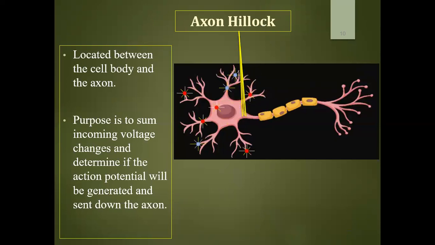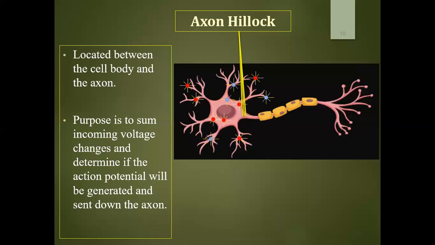And the idea here is that it's at this point we're going to sum up the incoming voltage, the inhibitory signal strength versus the excitatory strength, and determine if we are going to generate the action potential, which is, again, the start of that firing process. If the stimulation is strong enough and it is recognized, then a signal is going to be generated and sent down the axon itself.